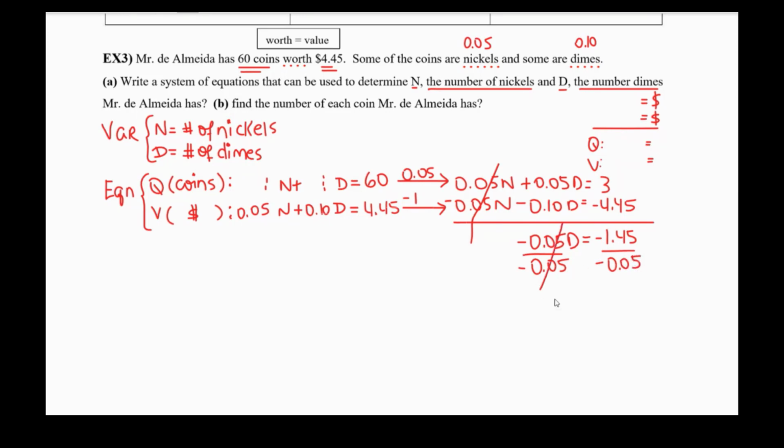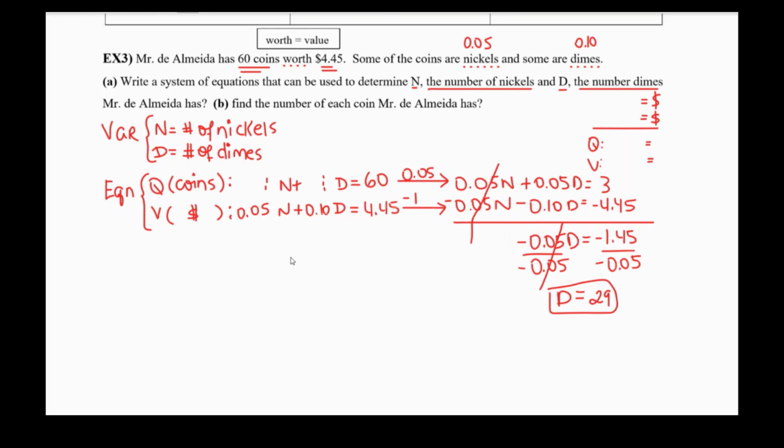These two cancel. I'm left with d equals 29. So I know that the number of dimes is 29.